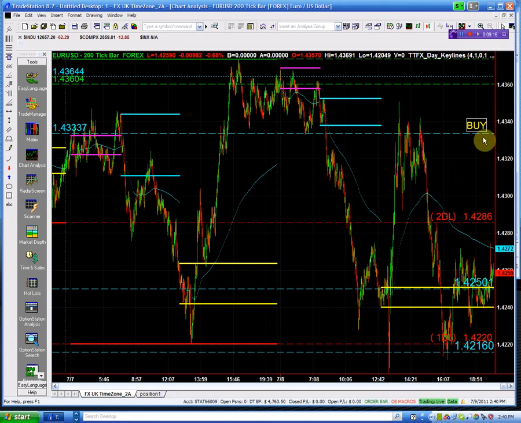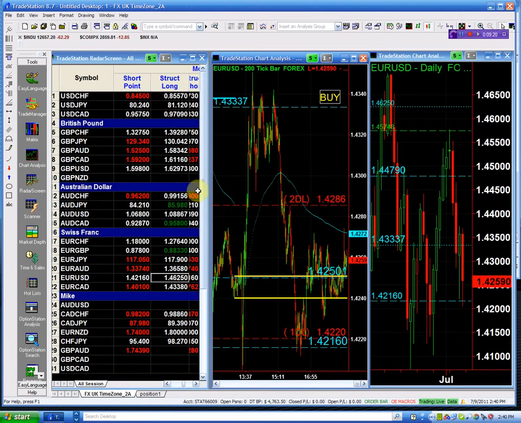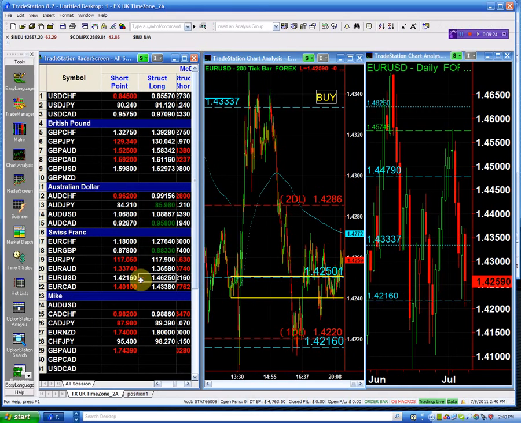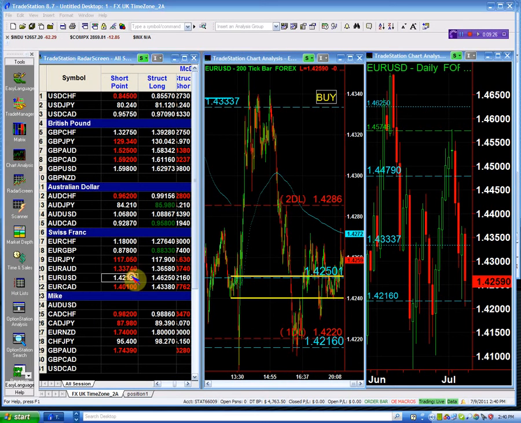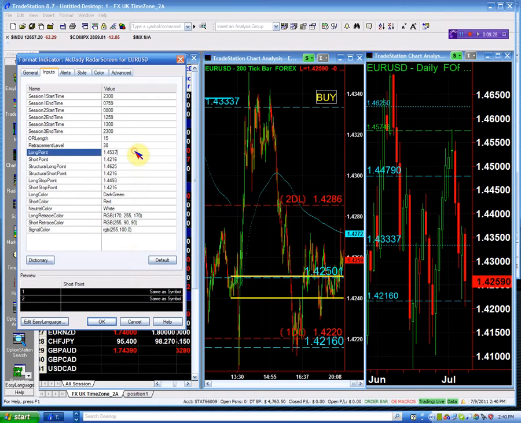Don't let it come back below the 143.33. So I'm going to make that our long point. It's also going to be our structural long, and it is also going to be our stop.